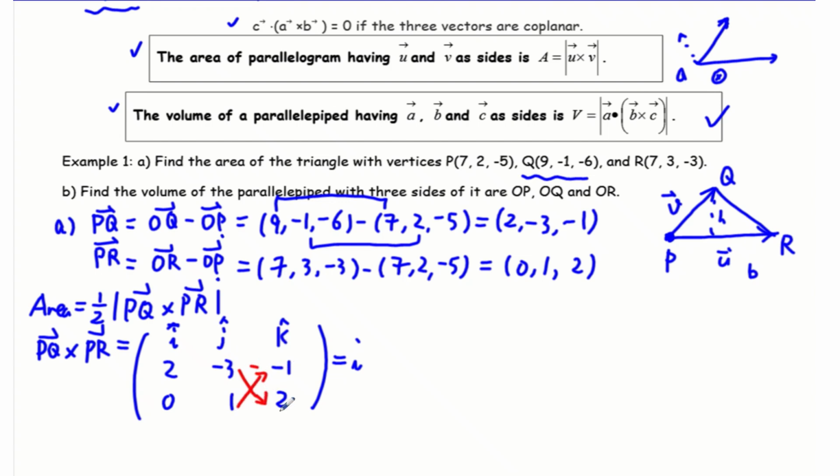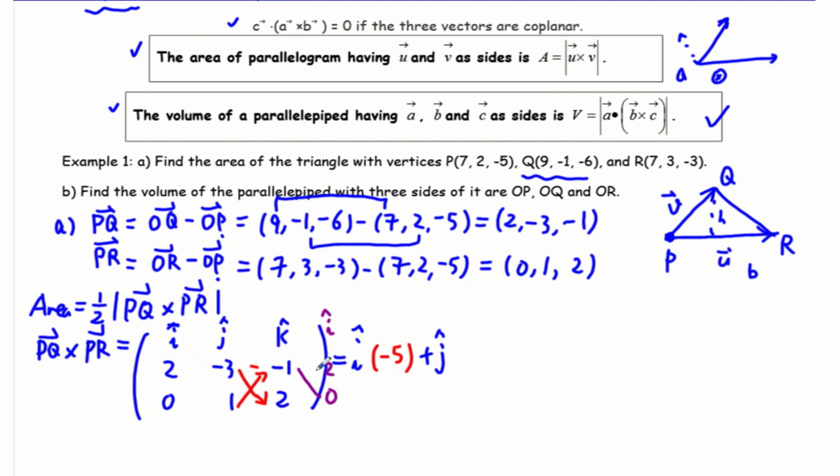So -6 plus 1 is -5. Then plus J direction. For the J direction, we add another column, IJK at the end, 2, 0.